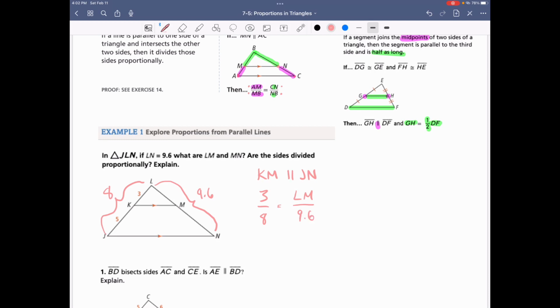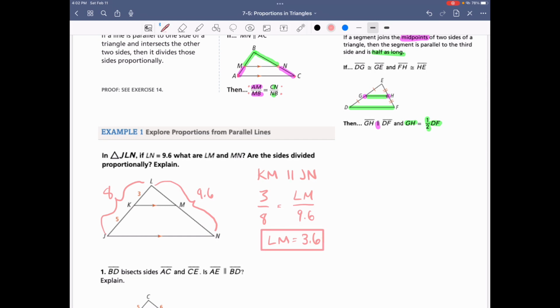And we can do our cross multiplication and division to figure out what LM equals. So 3 times 9.6 is 28.8, divided by 8 equals 3.6. So LM equals 3.6.